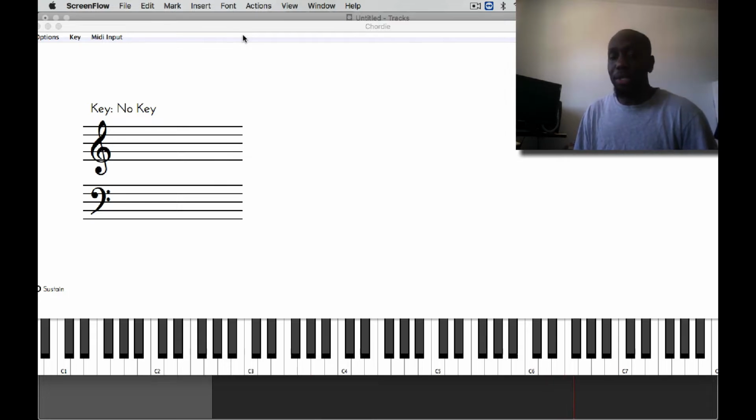So pretty much what I did was I took the scale, I took the chord out of it, then I started to build my lines around the chord.